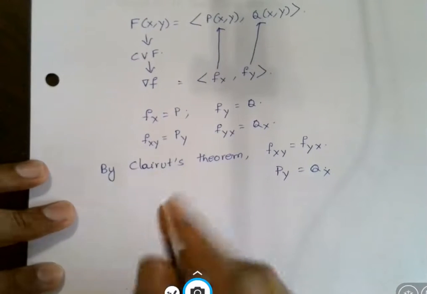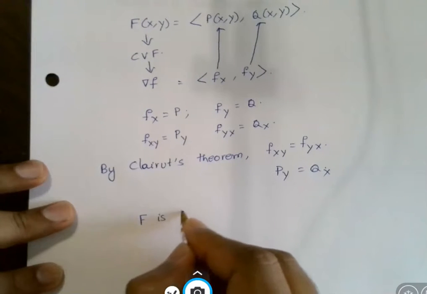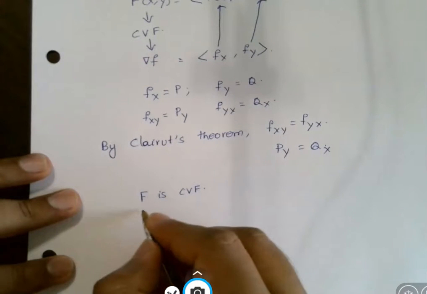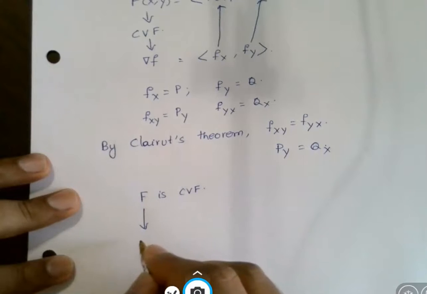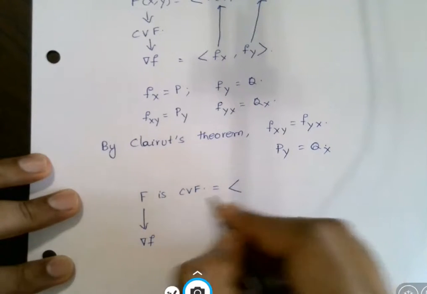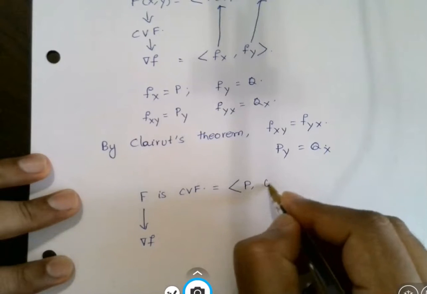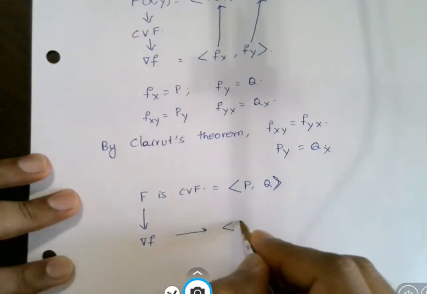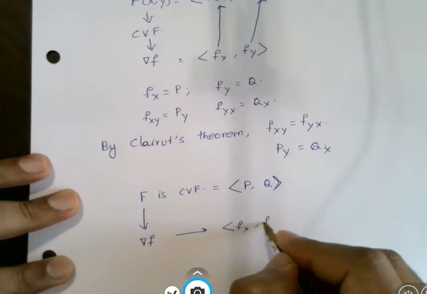We are saying if F is a conservative vector field, a few things happen. One is that there is an f such that F equals gradient f. F is defined by P and Q, and the gradient is defined by f_x and f_y.